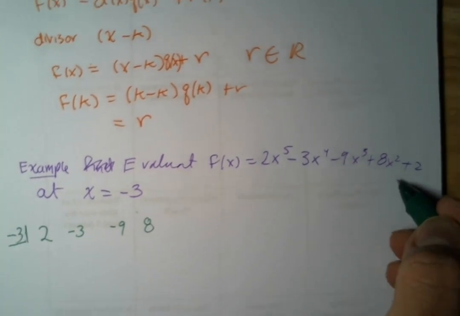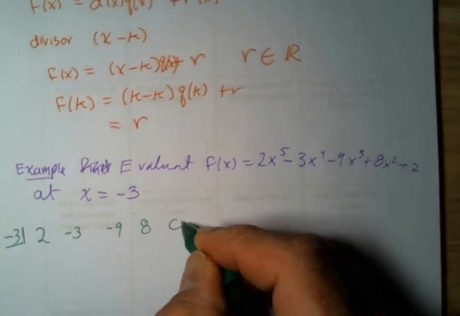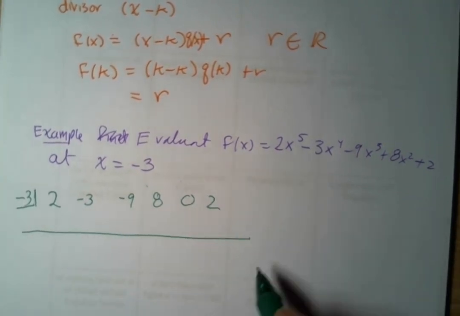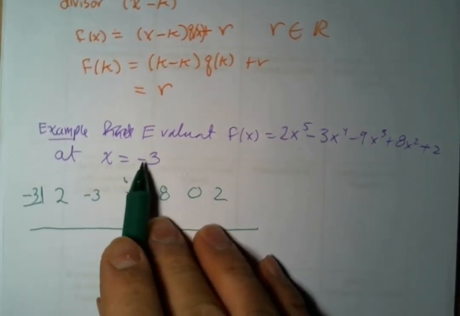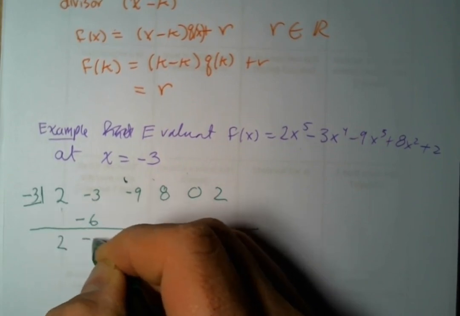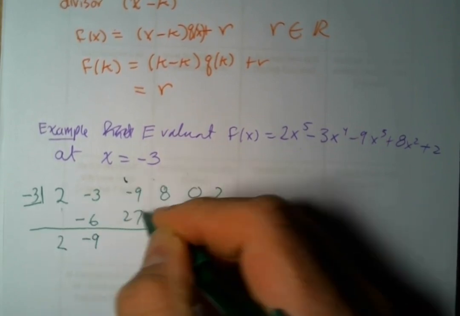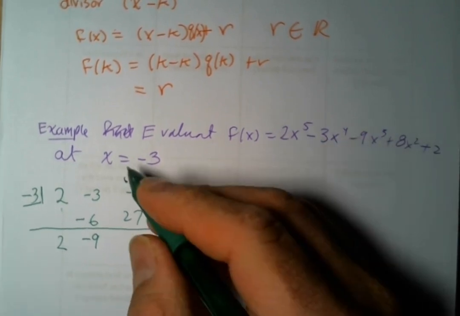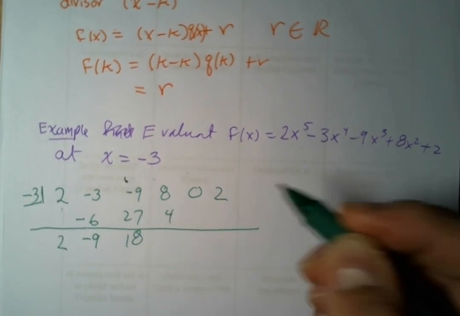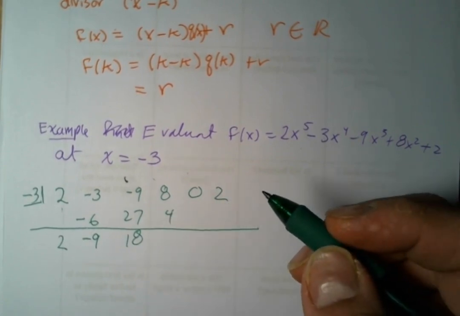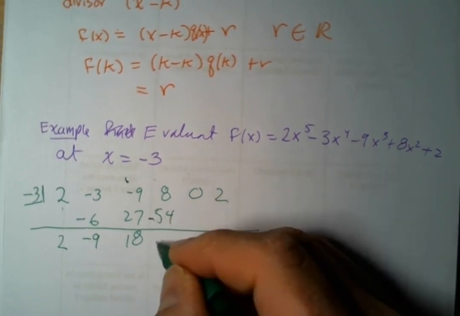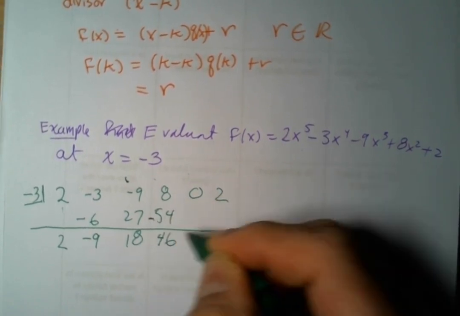There's no linear term, so make sure to have a 0 there, and then 2 for the constant term. Evaluating this is as easy as bringing down the 2, then negative 6, negative 9, 27.